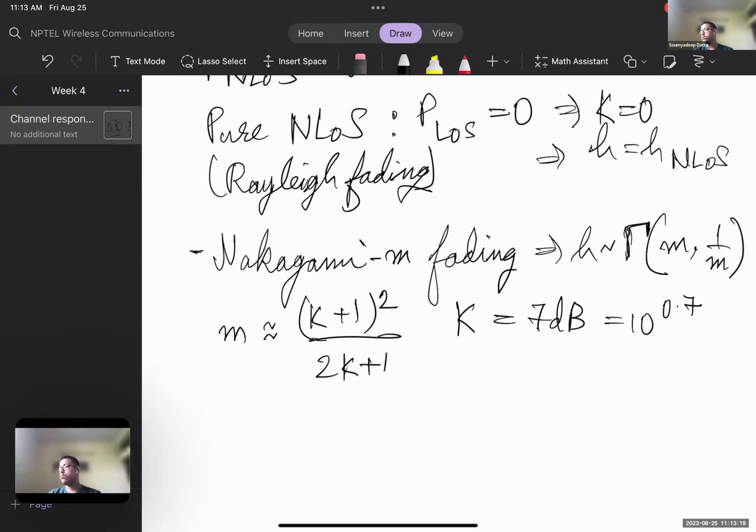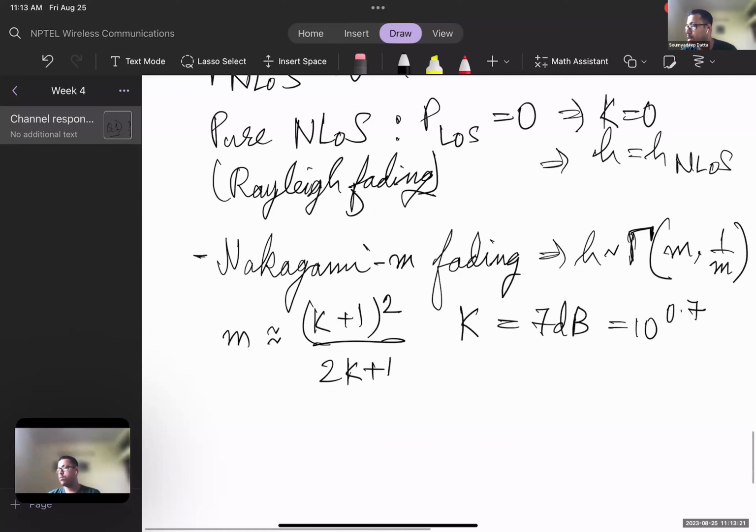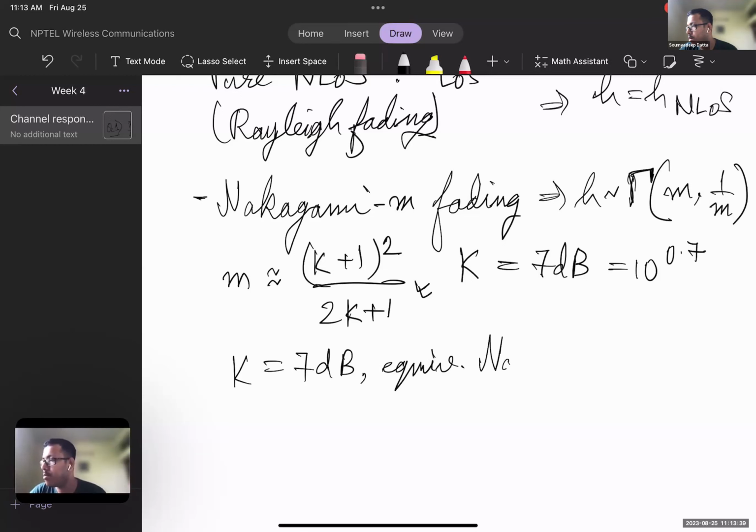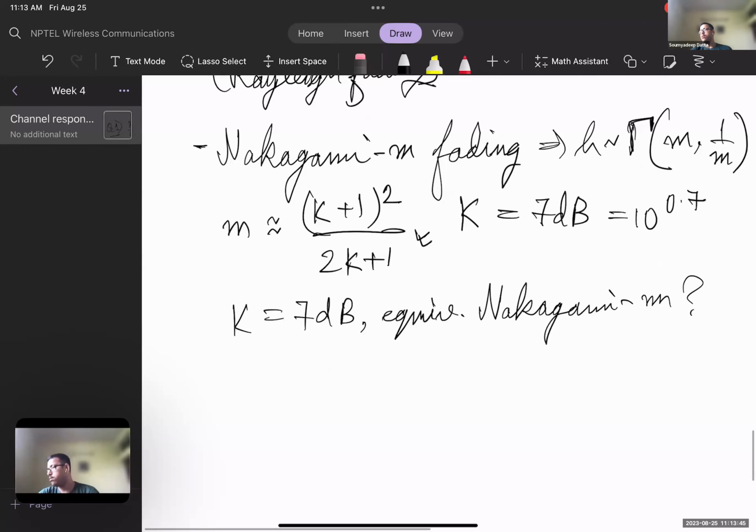So what you need to do is use this equivalence relation to find the equivalent value of m. So can somebody tell me, the question is, for K equal to 7 dB, what is the equivalent Nakagami m factor? You just have to use this formula. Can somebody tell me? Let's see.